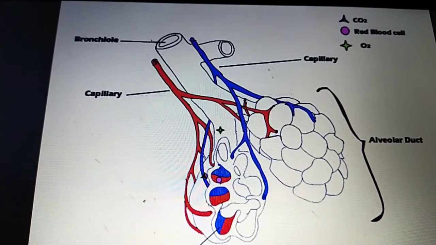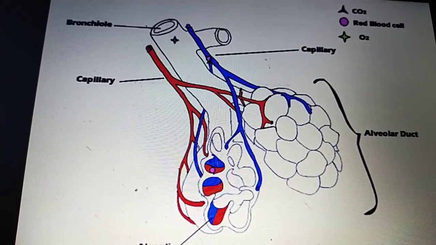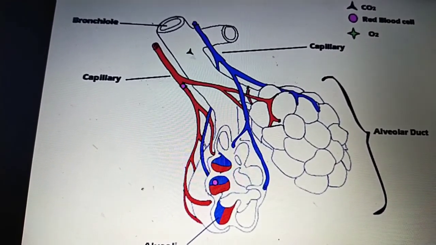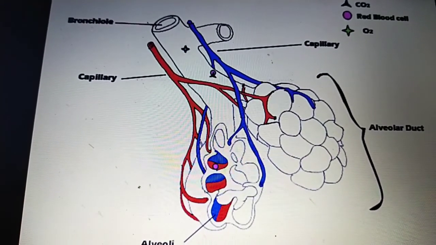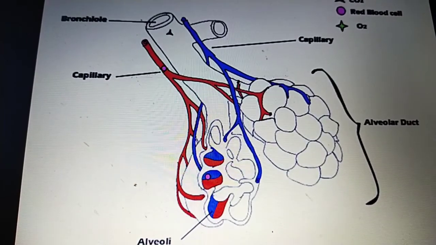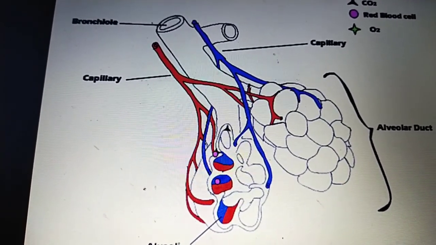This is the respiratory zone. The respiratory zone involves the bronchioles and alveolar sacs. Alveoli are the site of gas exchange.